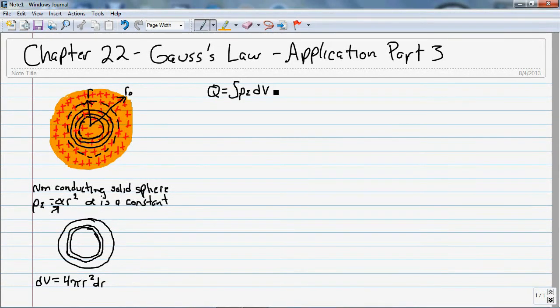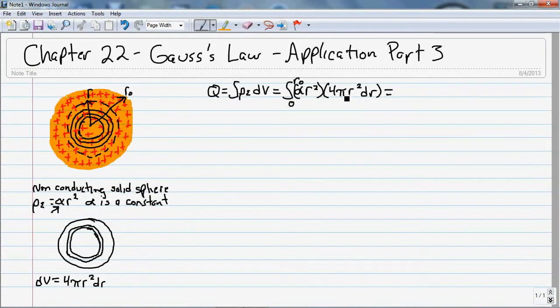So now I can write this integral. I'm going to have alpha r squared for my charge density, and I'm going to have my differential volume, and my limits are going to be from 0 to r naught.